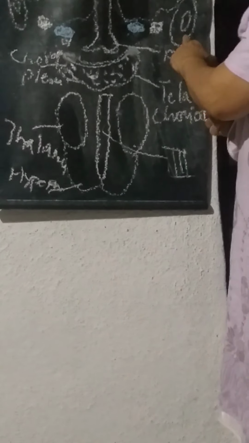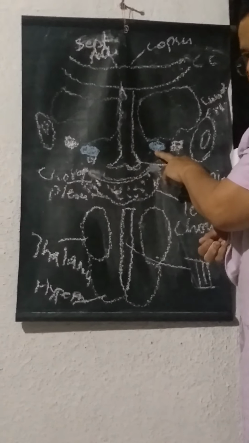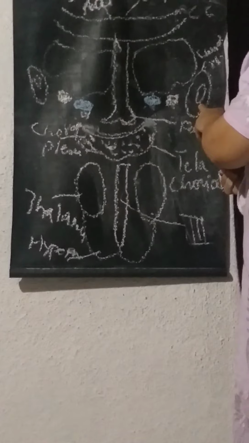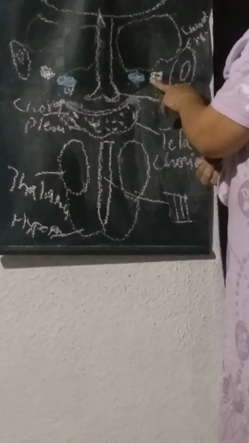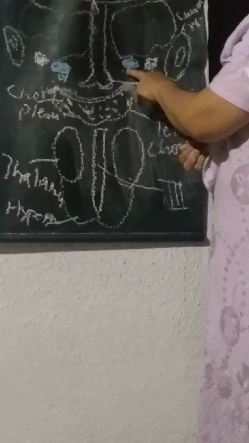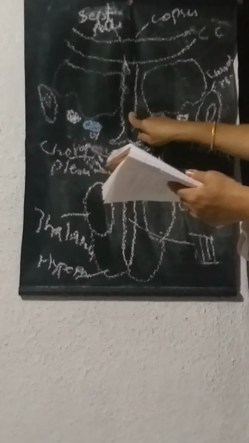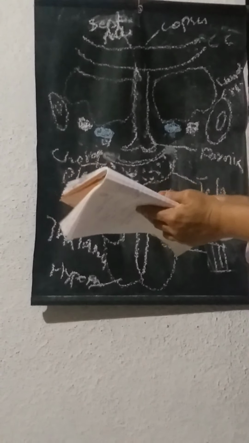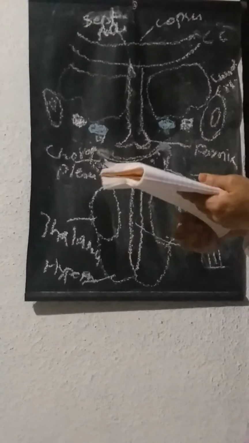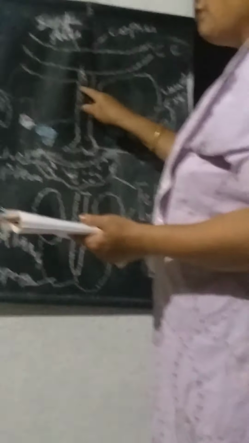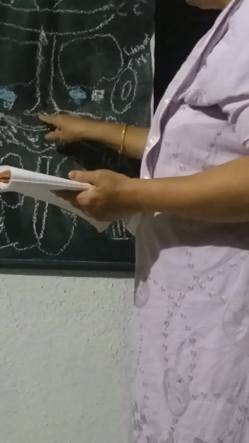So the floor is formed by the caudate nucleus, the stria terminalis and the thalamostriate vein. The medial part of the central part of the lateral ventricle is formed by the septum pellucidum and the fornix.